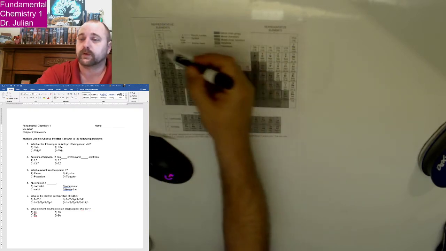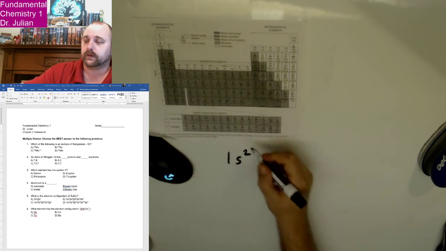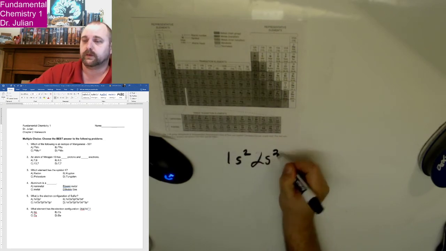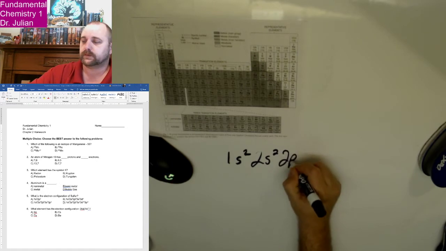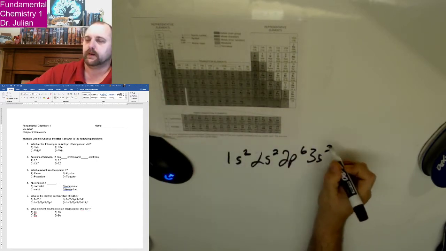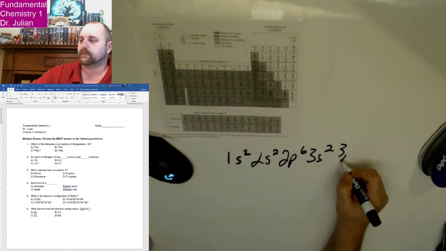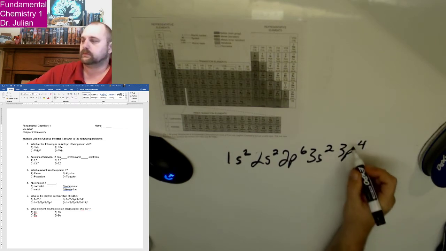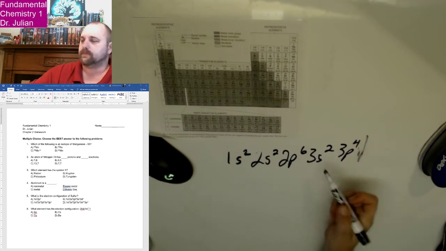So sulfur going across the top, I've got 1s2, 2s2, 2p. I'm going to go all the way to the end, 2p6, 3s2. Then I'm going to hit my sulfur in this group. So this is the 3p's, and I got to go 4.